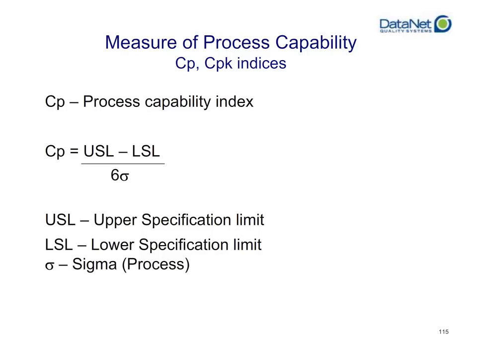How do we calculate Cp? Cp is the difference of your upper spec minus your lower spec, divided by 6 times the standard deviation of the data within that data set. So it is your upper spec minus your lower spec over 6 sigma.